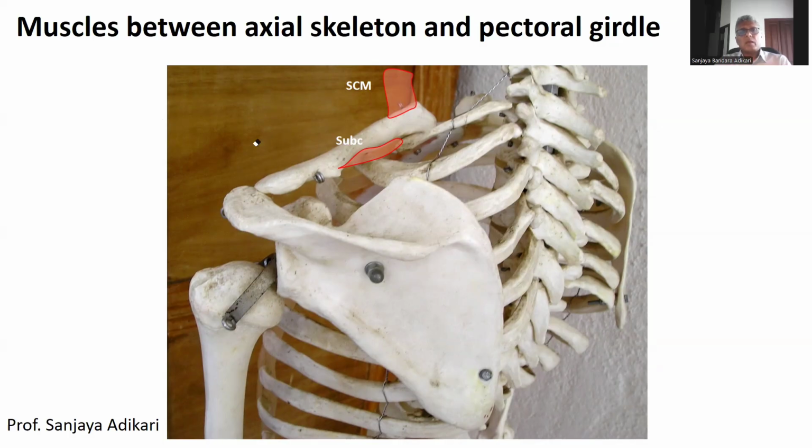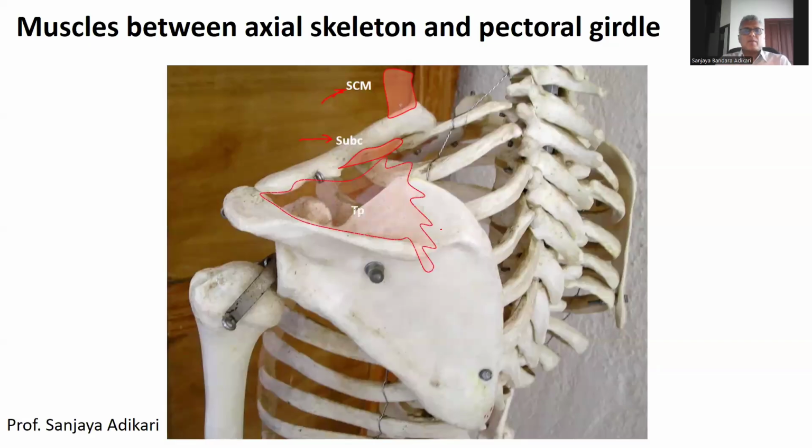Among the muscles attached between the axial skeleton and the parts of the pectoral girdle, you have the sternocleidomastoid here, attached between the base of the skull and the medial end of the clavicle. Then you have the subclavius attached between the clavicle and the first rib and the costal cartilage.